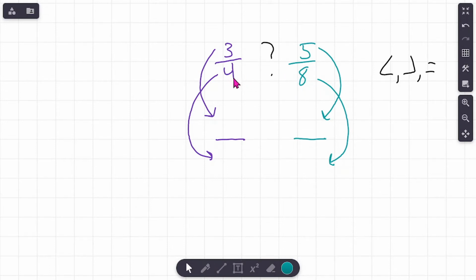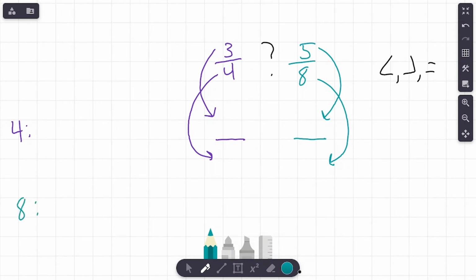Right now the denominators are 4 and 8. What we're going to do is try to figure out what denominator both of these fractions have in common. And if you remember what we did last week, we wrote down our denominators over here on the side. So I wrote down 4 and I'll write down 8.